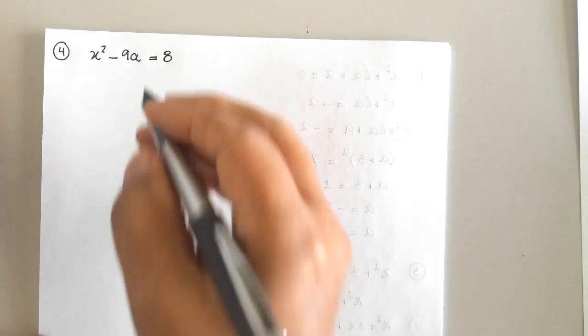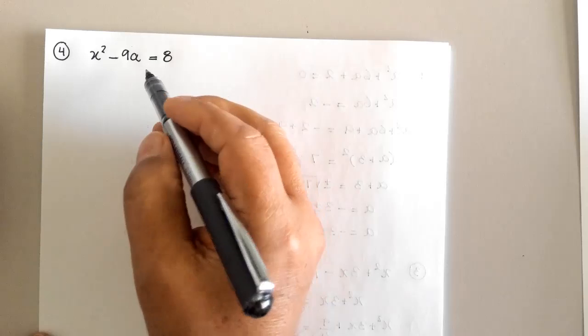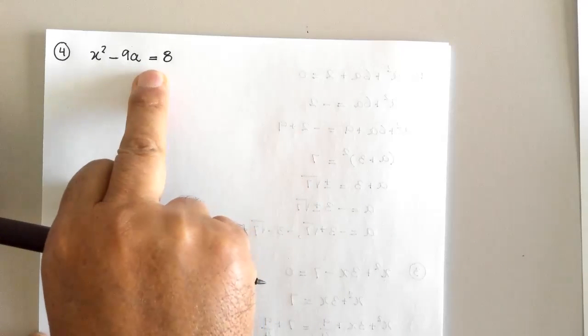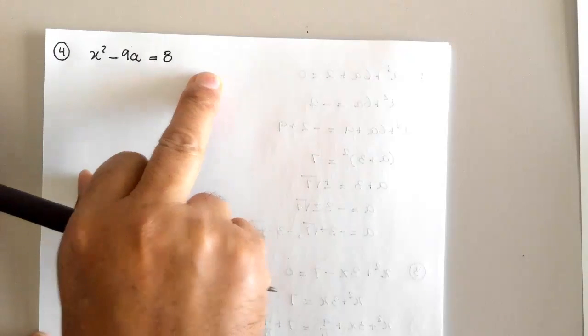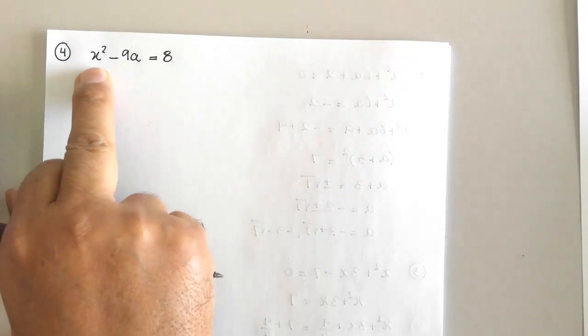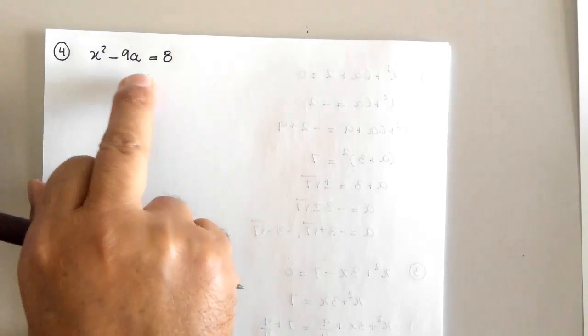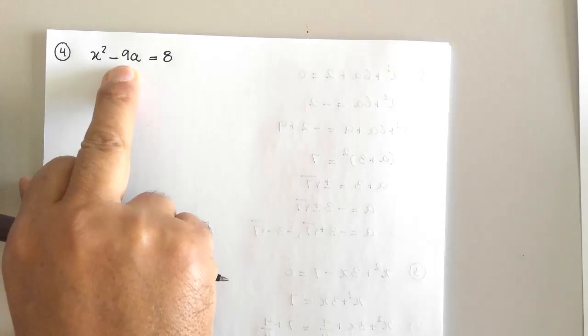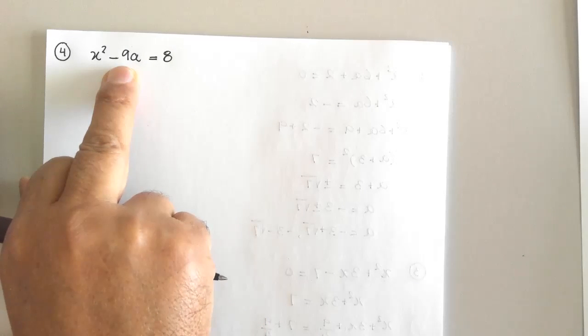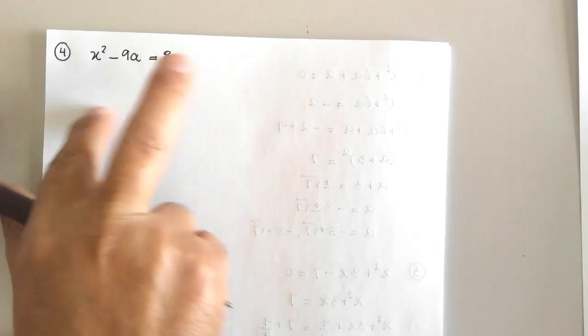In here, the constant is already on the other side, so we don't need to move anything from here to the other side. However, we need to divide 9 by 2, and then we need to square and add it to both sides.